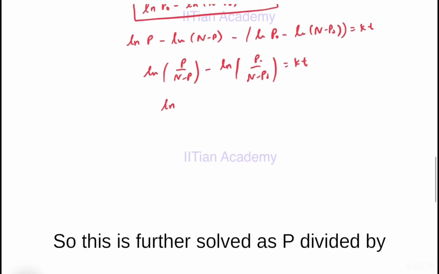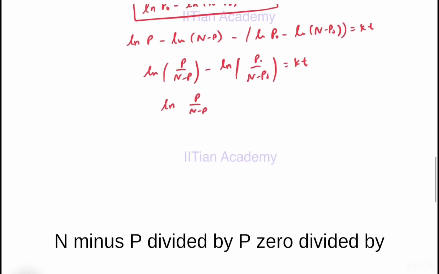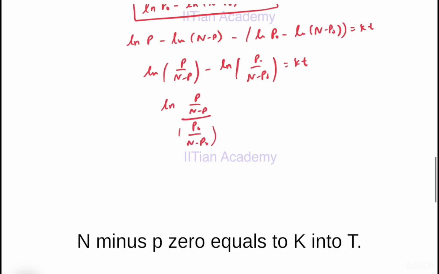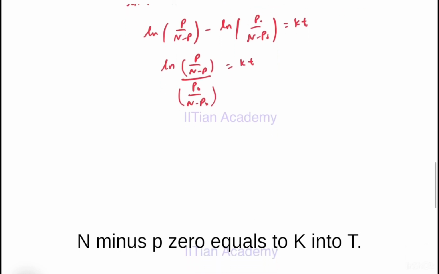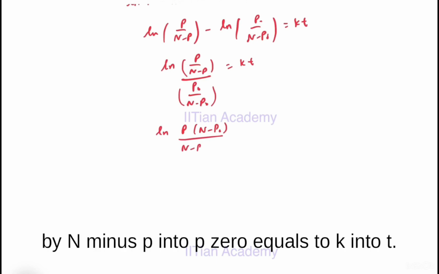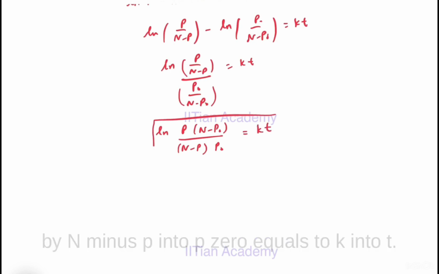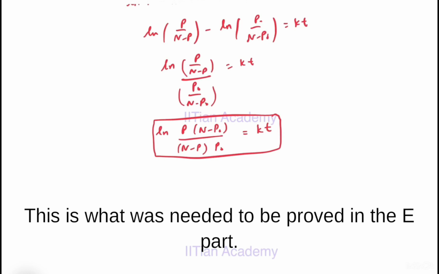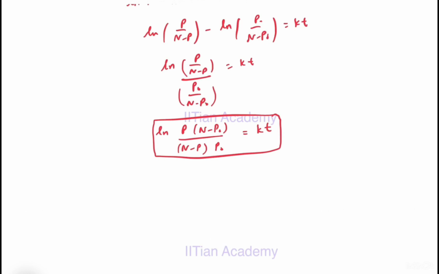So this is further solved as p divided by n minus p divided by p naught divided by n minus p naught equals k into t. So this can be simplified as p into n minus p naught divided by n minus p into p naught equals k into t. This is what was needed to be proved in the E part.